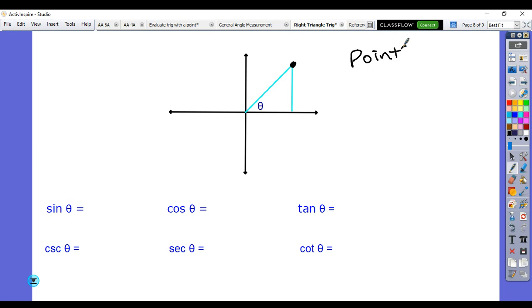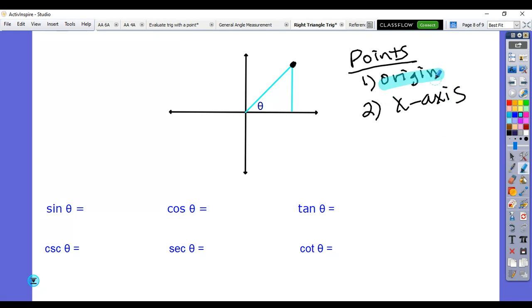So for points, the first thing you do is connect. You're going to create a triangle, connect the point to the origin and to the x-axis. These are the only two things you're going to connect it to. Origin, x-axis, every time.